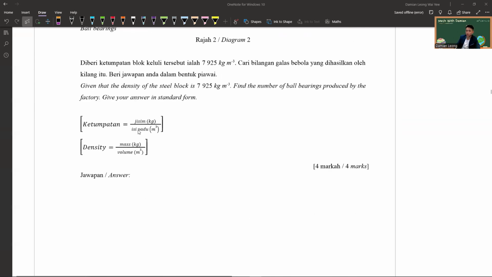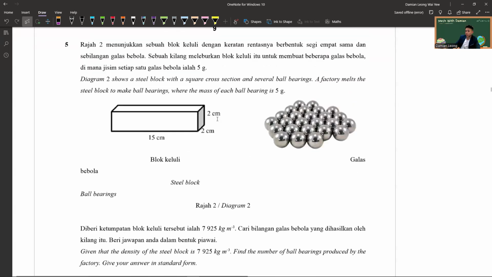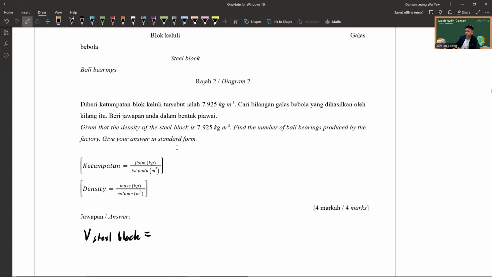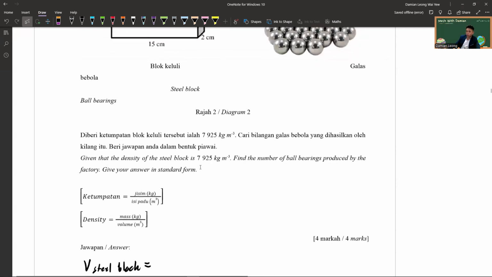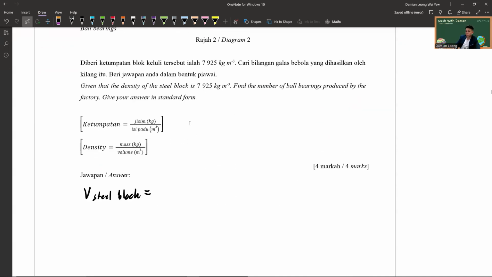Okay, volume of steel block. Okay, we take 15 cm, 2 cm, 2 cm. Okay, but the density here, you see, is kg per meter cube. Means we want in meters, meter cube. So the volume I put in meters, meter cube. So all the length I put in meters.